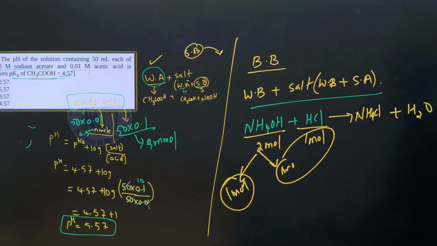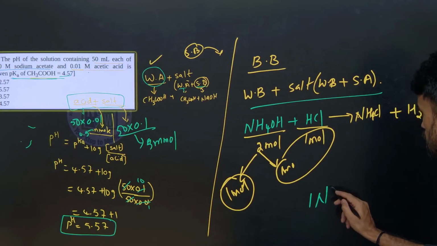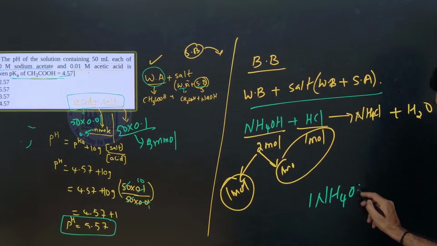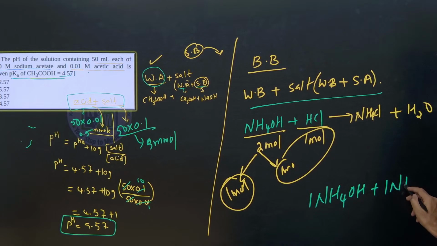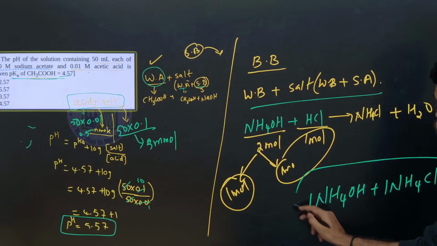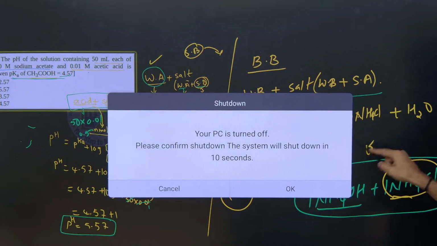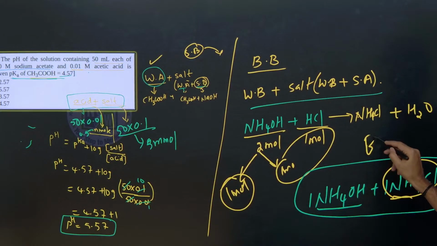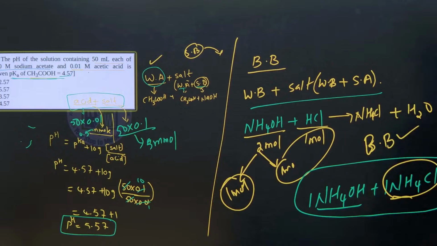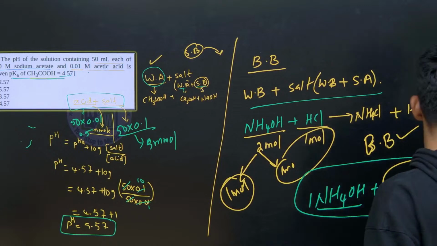So the resultant solution will be having 1 mole of NH4OH and 1 mole of NH4Cl. So this kind of combination, a weak base plus the salt formed from weak base plus strong acid, whenever we have this kind of combination, we should call it a basic buffer.